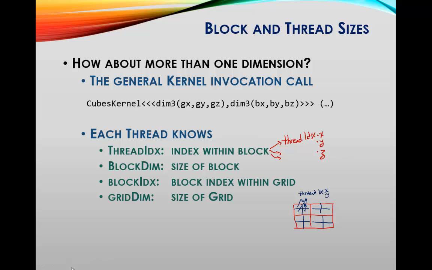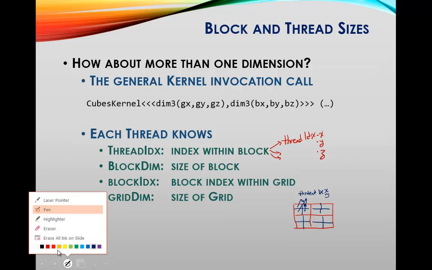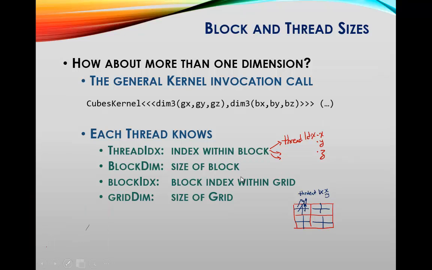They would also know the size of the block in both x and y axes. For example, this block will have a block index .x and .y, and so will this block, and so on and so forth.